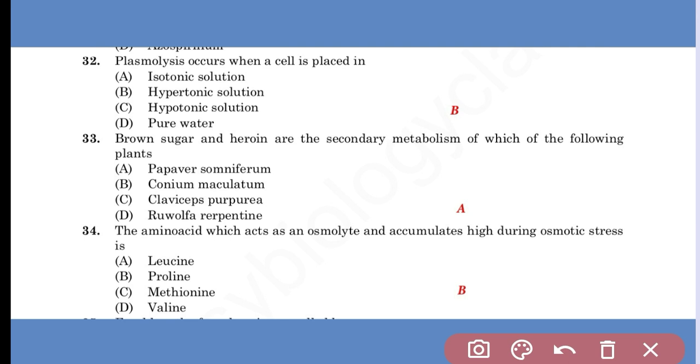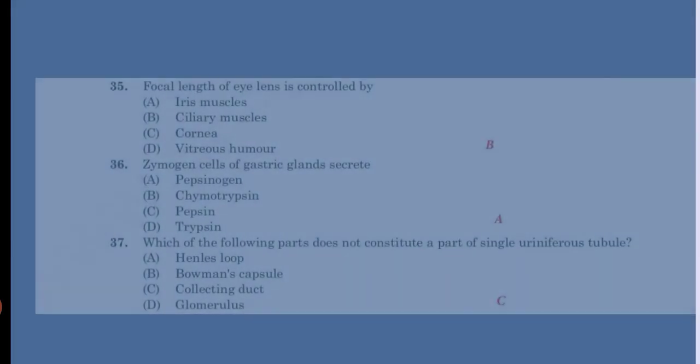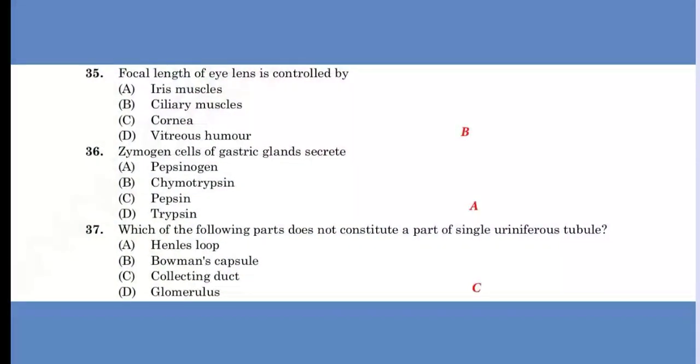The next question, the amino acid which acts as an osmolyte and accumulates highly during osmotic stress. Proline is the answer. Proline gets accumulated at the time of high osmotic stress. Then the next question, focal length of the eye lens is controlled by ciliary muscles.